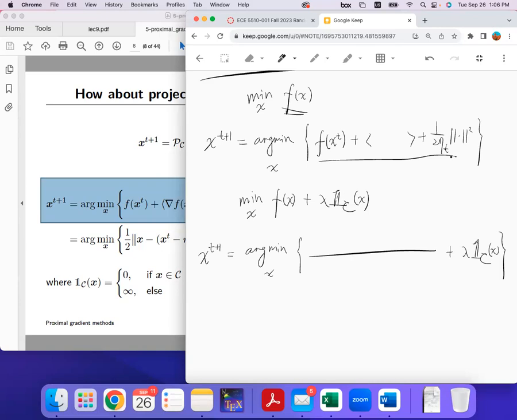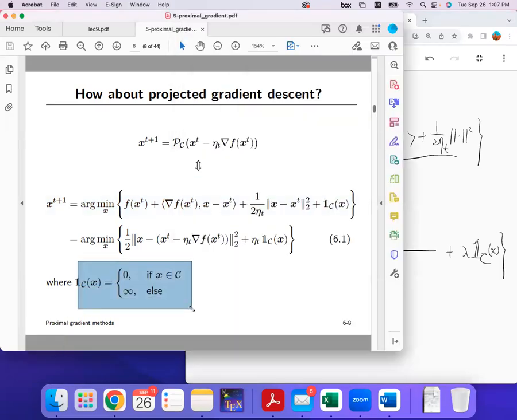But in the constrained optimization problem, we can understand it as a regularized form. We are regularizing the objective function using this indicator function. But because of its form, on the boundary of the constraint C it immediately jumps from 0 to infinity. So it is a highly non-smooth function, convex but non-differentiable.